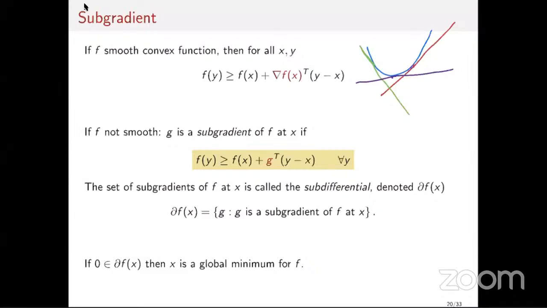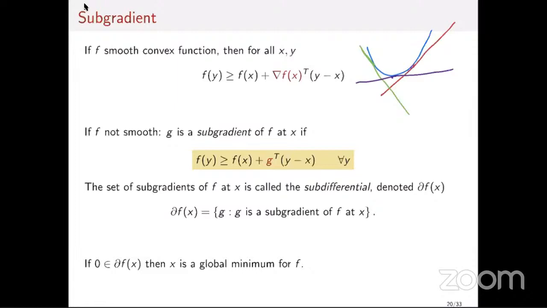Now, if my function is not differentiable at a certain point, I cannot talk about a Taylor approximation around that point. So the notion of subgradient is not defined in terms of a Taylor approximation, but in terms of this property of being a lower bound on the function everywhere.